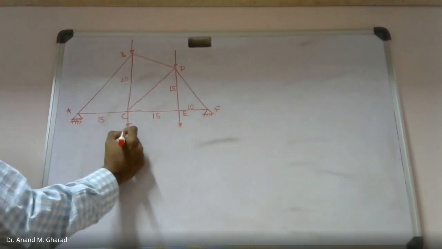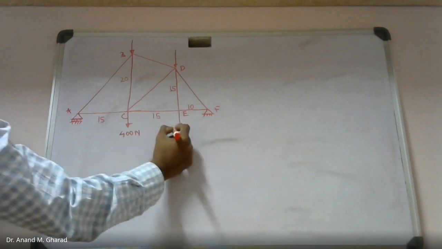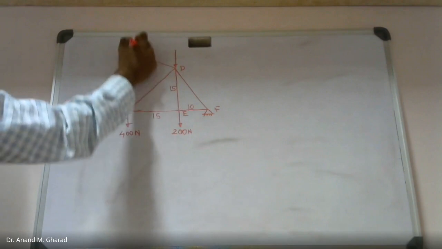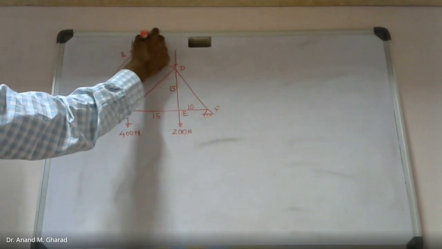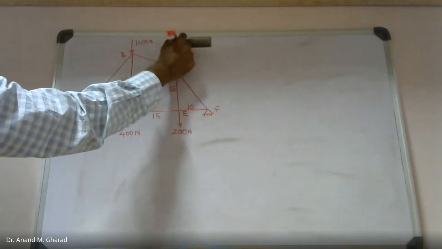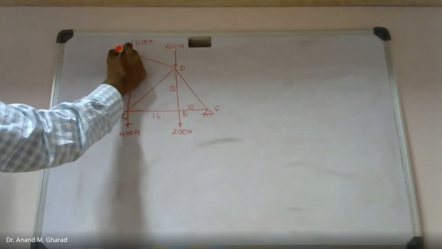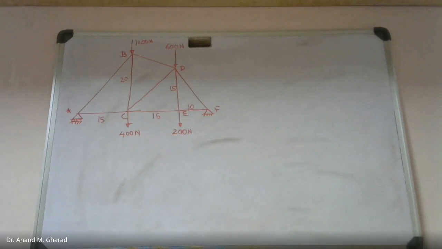This is 400 Newton, 200 Newton, okay. This is 1200 Newton, 600 Newton. This is point B. So you are supposed to compute the force in each of the members.